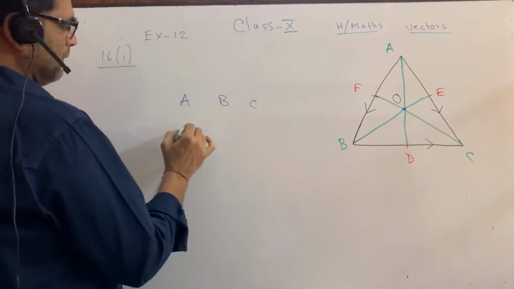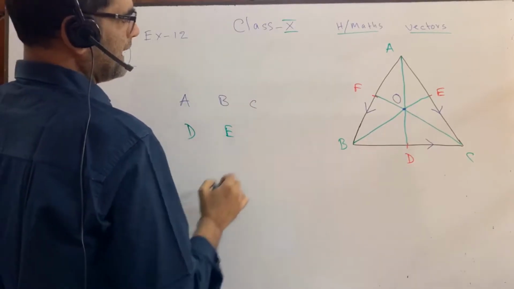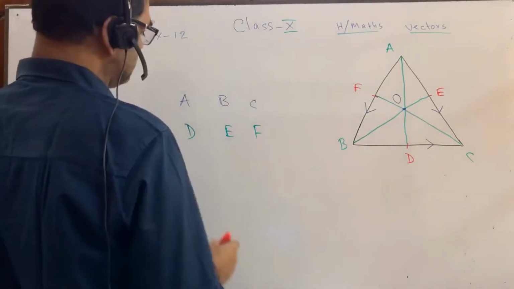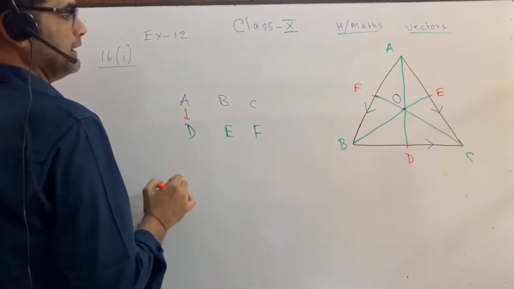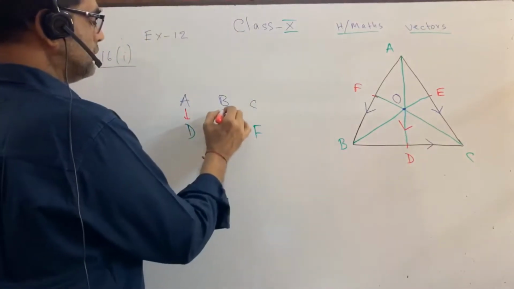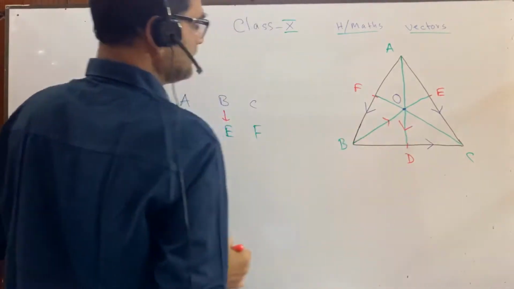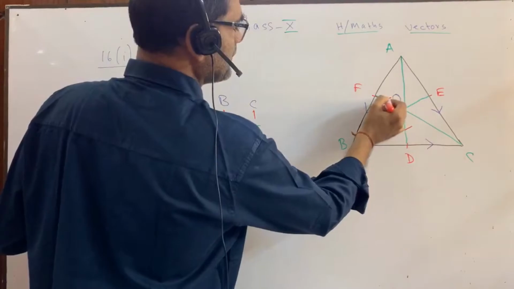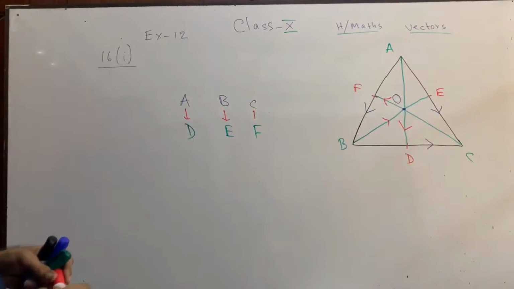Along A we have got the midpoint D, along B E, and along C it is F. Now you know how to give the vector sign here: A to D, B to E, and C to F in this way. Now we have completed drawing the figure.